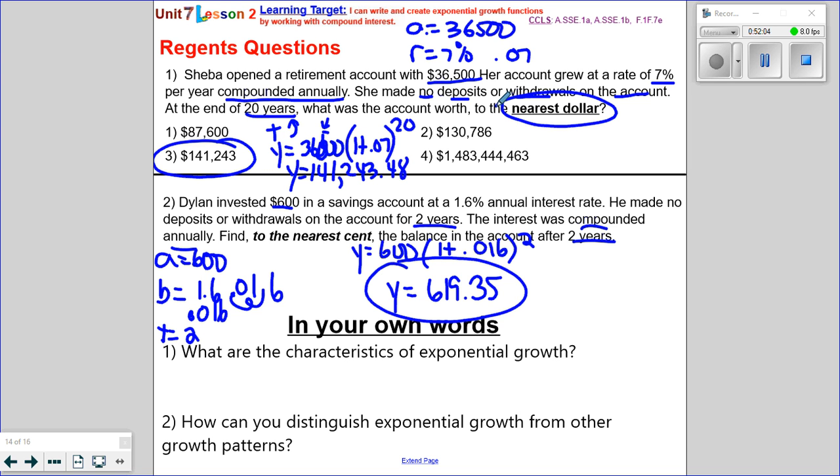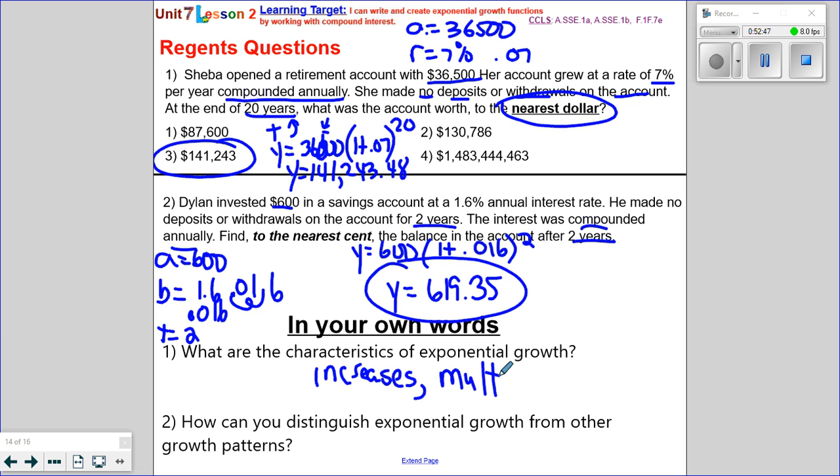And number 2, you could see basically A is 600, B is 1.016, and T is 2. So I put it in, and Y equals 619.35. What are the characteristics of exponential growth in your own words? All right, so in your own words, basically, it increases by multiplication. And obviously, it does grow.